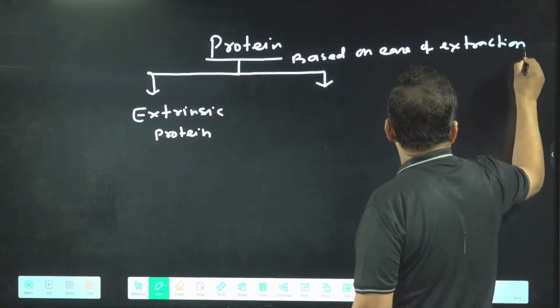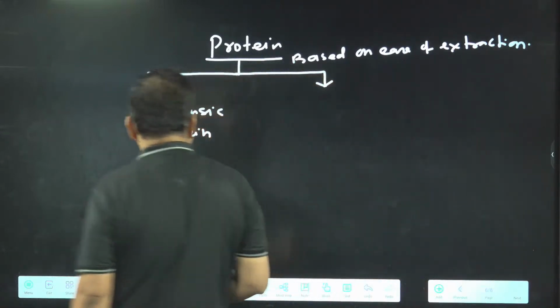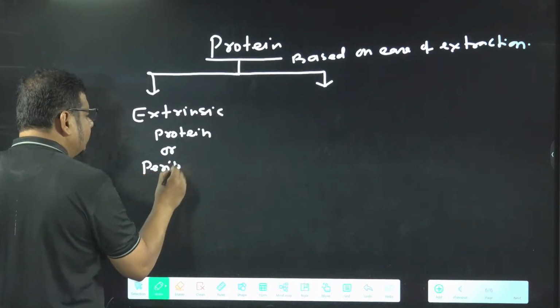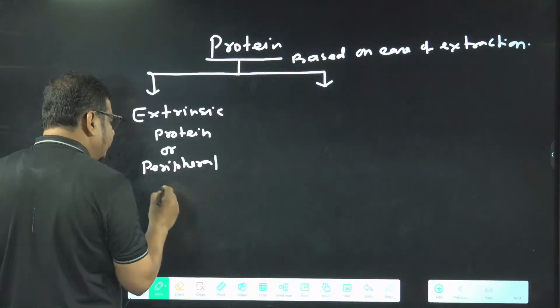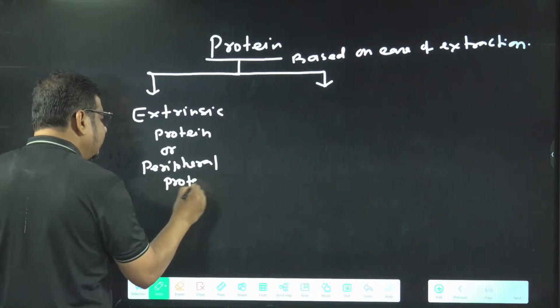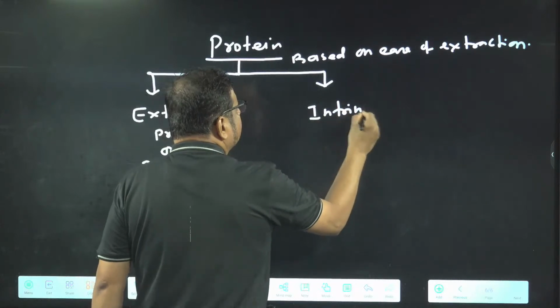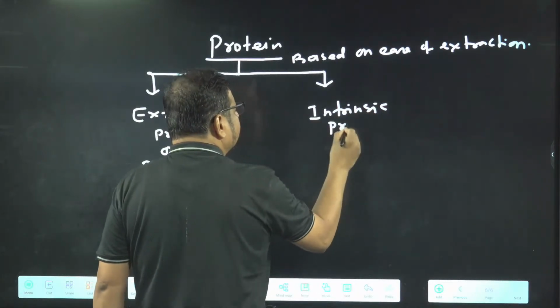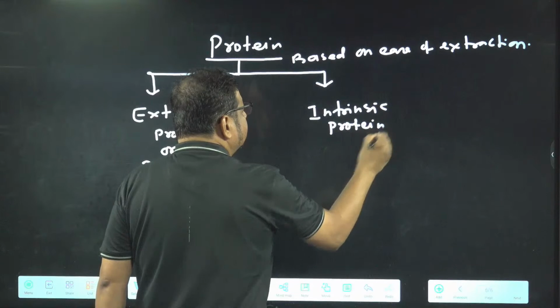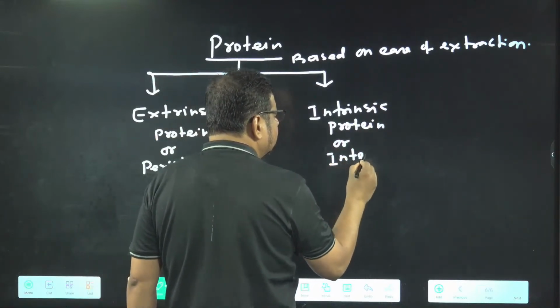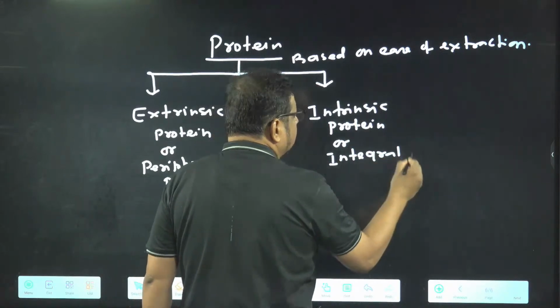How easily it can be removed is the ease of extraction. Extrinsic protein is also called peripheral protein. Getting the idea? And another is intrinsic protein, also called integral protein.